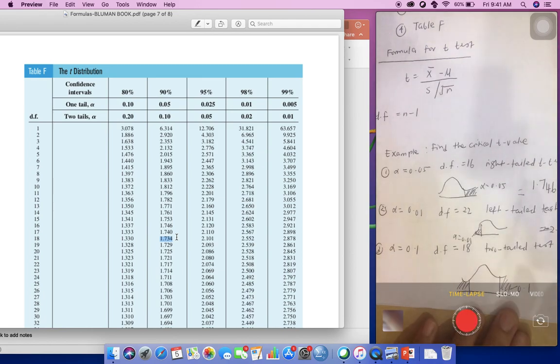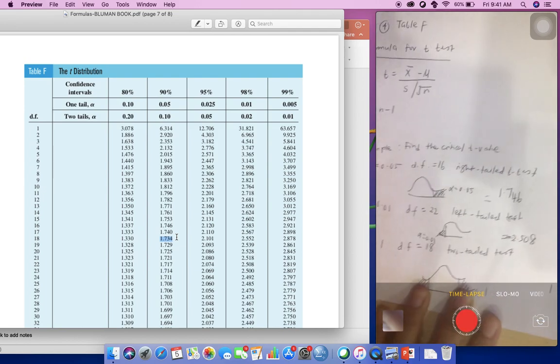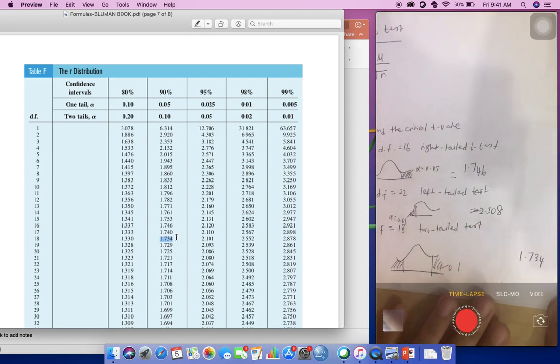The value is 1.734. The result must be two results: the first one is a positive result, 1.734, and the second result is a negative result, negative 1.734. So this is the correct answer.